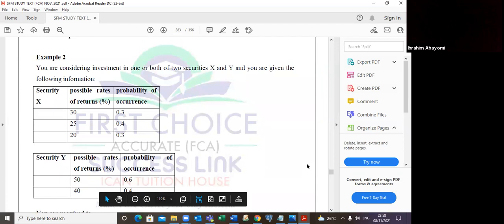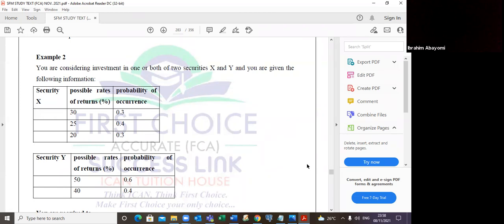You are considering investment in one or both of two securities, X and Y, and you are given the following information. Security X, possible rate of return, probability of occurrence.